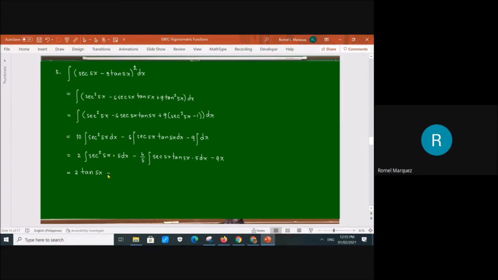The plus c you can have after performing all the integrals. 6 over 5, then what is the integral of secant u tangent u du? That is secant u. And lastly, we have minus 9x, and of course don't forget the plus c. Our third Miss Universe. Fourth.